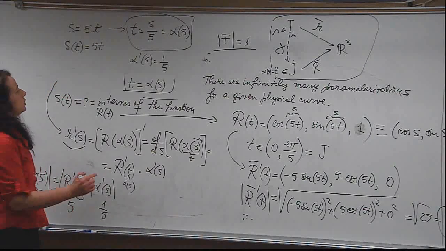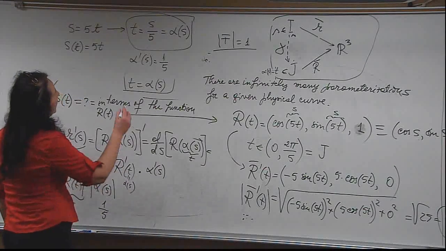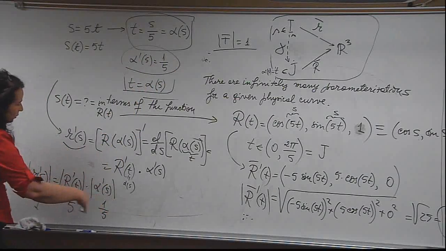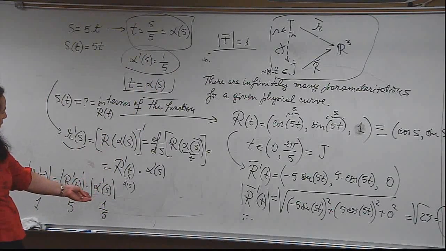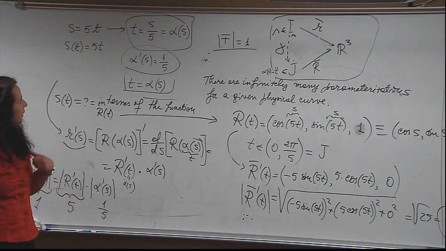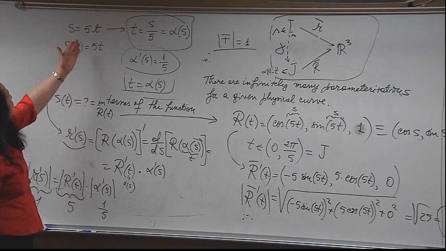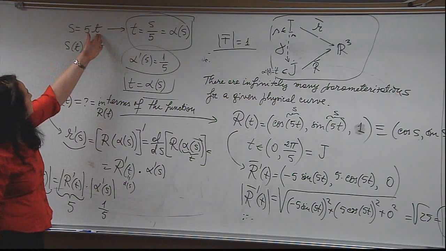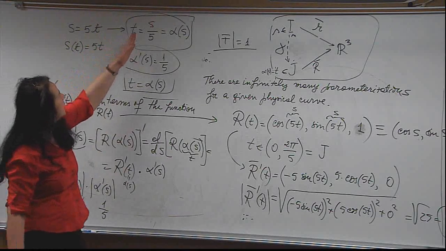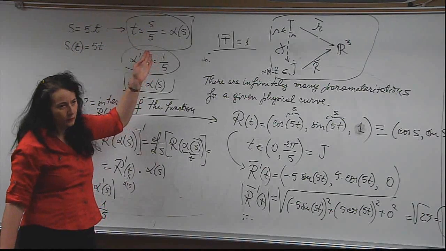All right, so what do I say? Okay, alpha prime of s is 1 over 5. The whole chain rule also spit out alpha prime of s to be 1 over 5. Now I understand the relationship between s and t. It's very simple. s is 5t in this example, or t equals s over 5. Okay?